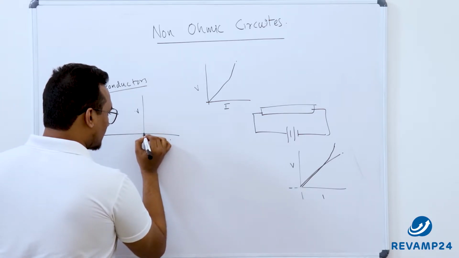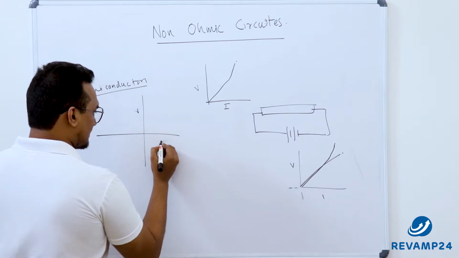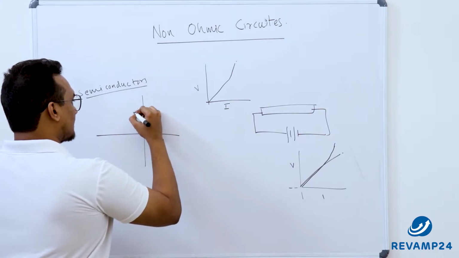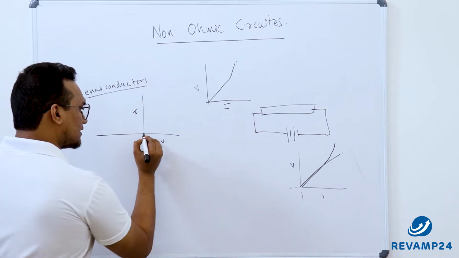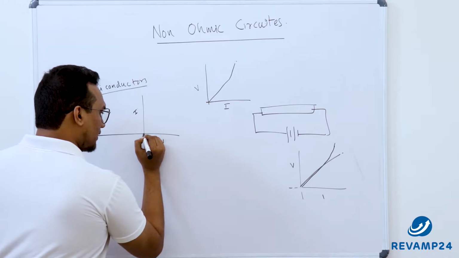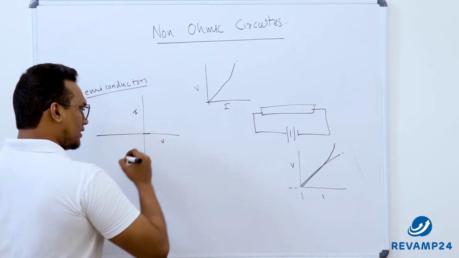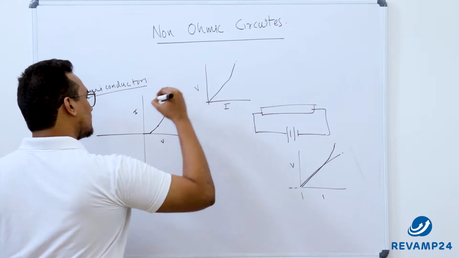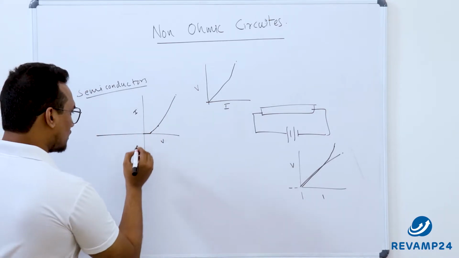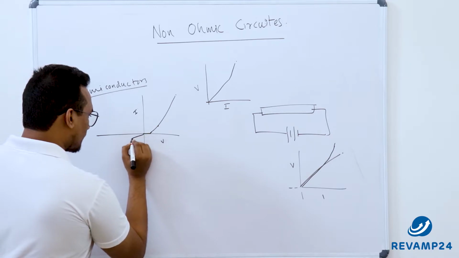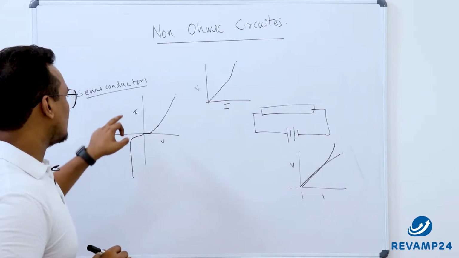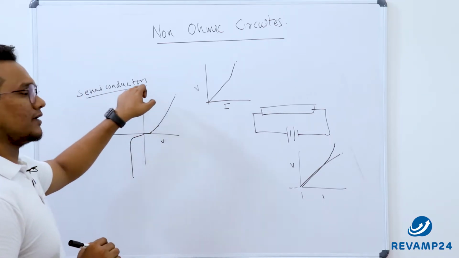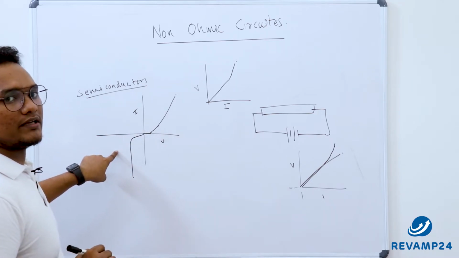Let's say x-axis is voltage, y-axis is current. Now when we increase the voltage, initially there won't be any current, but after a particular value it will start building up the current. Okay, and in reverse bias it will be in this way. So this is the VI graph of semiconductors. Anyway, this is a non-linear variation.